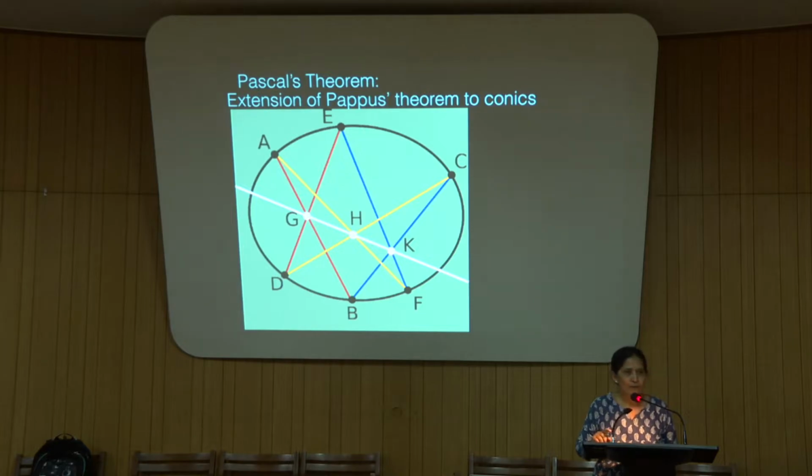And now you consider joining them crosswise, as we had done with Pappus's theorem, right? So when you join these lines crosswise, you find these three white points. And the claim in Pascal's theorem is that these three white points lie on a single straight line. Again, notice the absence of angular measures and measures of lengths of line segments in the statement of this theorem.